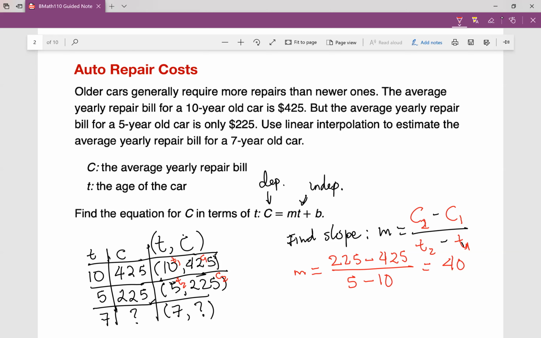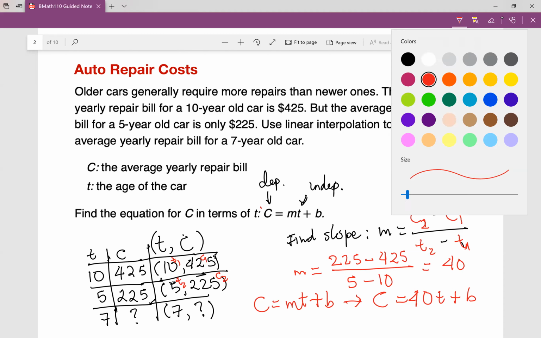So now I'm gonna go back to the form C equals MT plus B. Because I know the M already, now I'm gonna change it to be C equals 40T plus B. And my job right now is trying to find B, right?